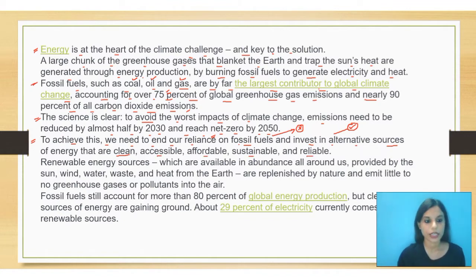All right. Renewable energy sources are available in abundance. Abundance means sufficient. All around us, provided by the sun, the wind, the water, the waste, and heat from the earth, they are replenished by nature and emit little to no greenhouse gases or pollutants into the air.